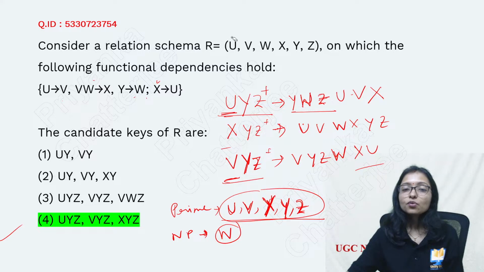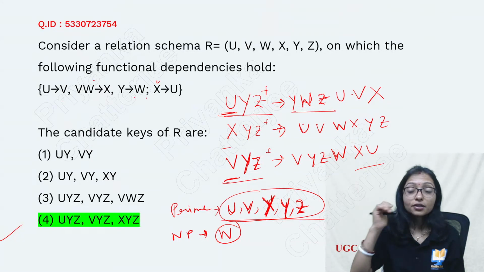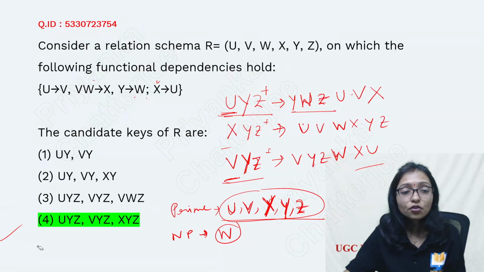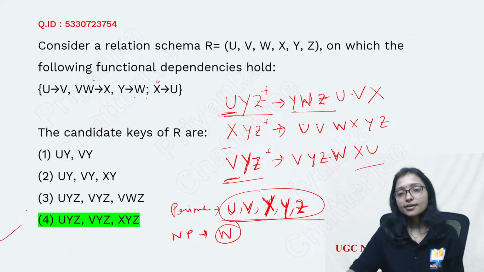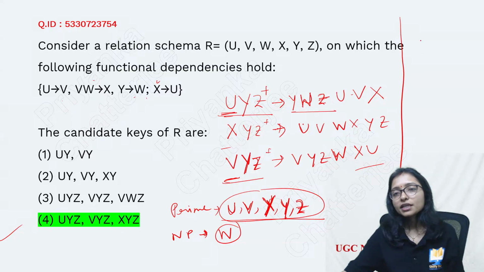In front of you only we kept what are prime attributes and non-prime attributes. Then what normal form is it? Can you tell me? One by one check it.